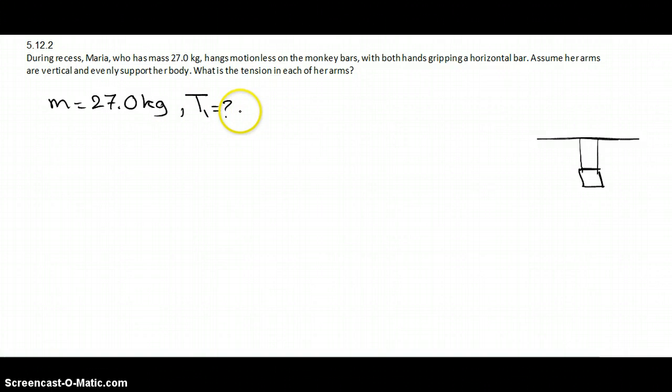So they said that these arms evenly support her body. So that means that the force of tension in each arm is the same. Why? Because now her arms represent two ropes. There is a force of tension in them. They are pulling her body.